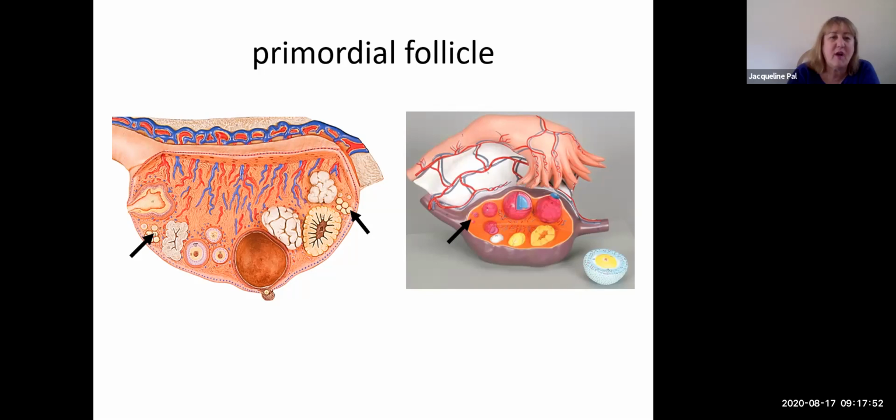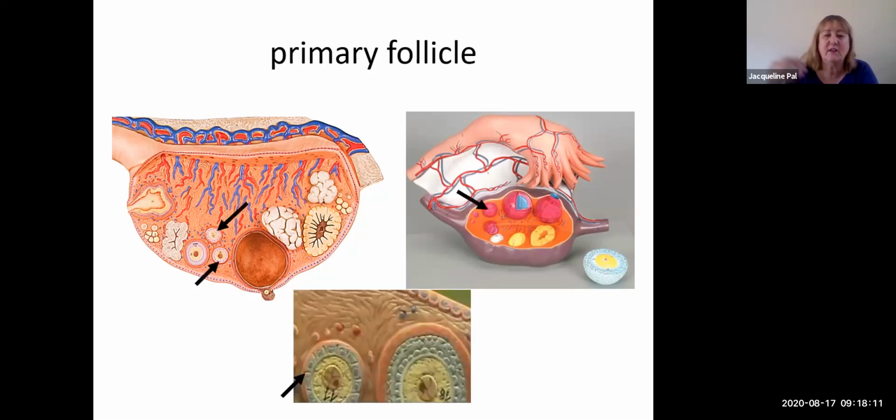After the primordial follicle, where we have a female gamete in the middle known as a primary oocyte surrounded by a thin layer of epithelial tissue which looks very flat and squamous in a single layer, a primordial follicle will develop into a primary follicle.